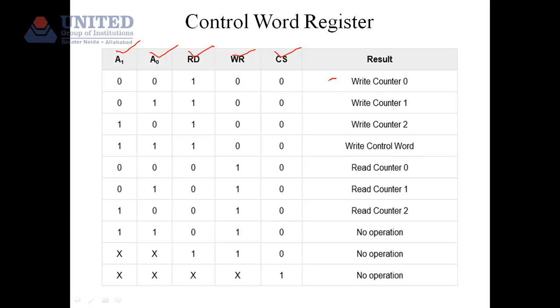For example, whether it is a write operation, the first 3, whether it is a read operation, the later 3, and whether it is a no operation, which is reserved for future use. And if the status is 11100, it is the write control word, which we have already seen as the automatic mode.